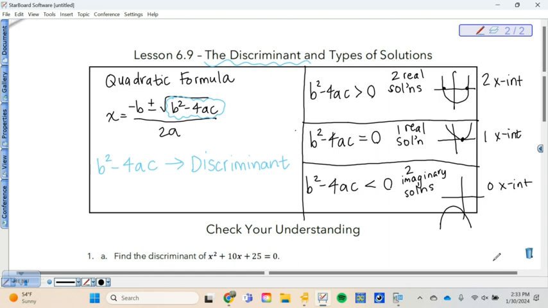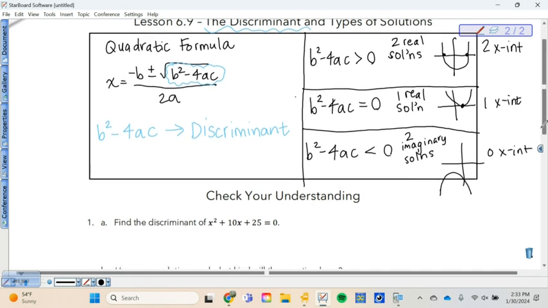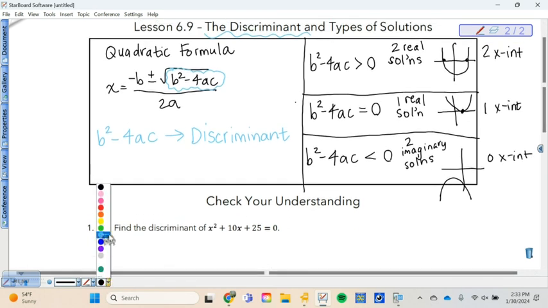If you need to go get a drink or something, you can. Okay, so what we're doing on this page is finding the discriminant. So b squared minus 4ac. Can we just go through and identify a, b, and c for all of these?